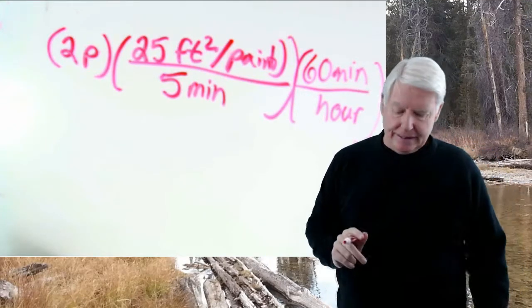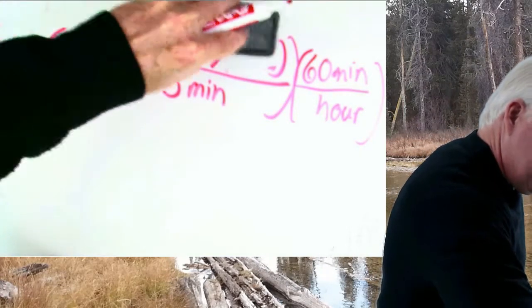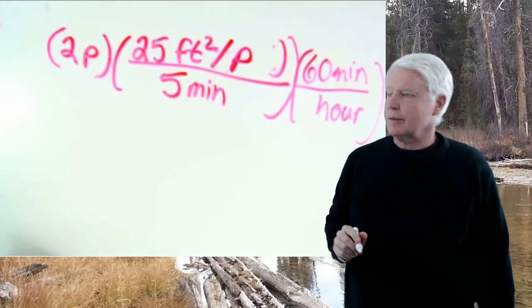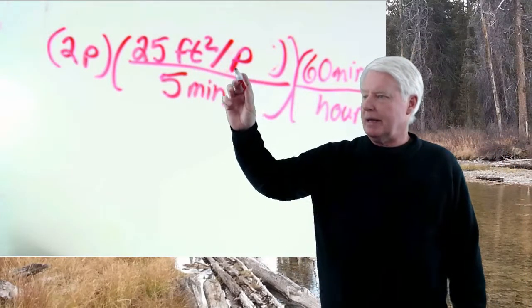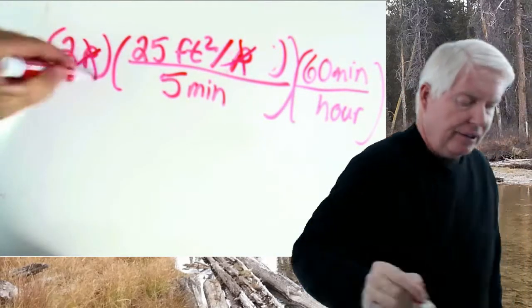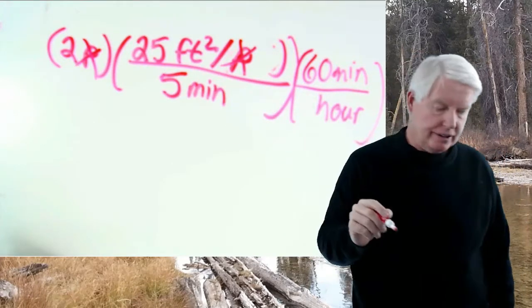First, let's see if the units work out. And this painter, I'm going to make it the same symbol as the other one. So P stands for painter, and that's per painter. So these are going to cancel out. That painter is going to cancel out, and then these minutes will cancel out.